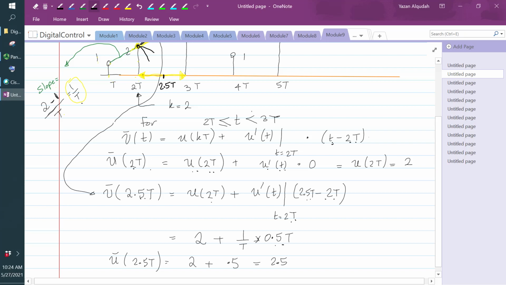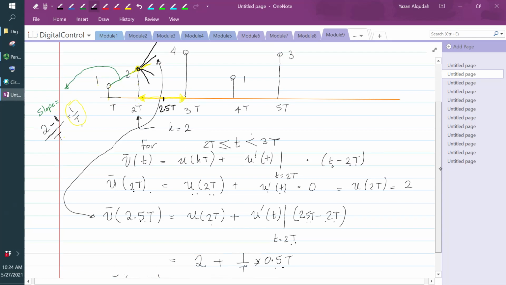So my estimate for u of t, which is u bar of 2.5T, is going to equal u of 2T, which is 2, plus, this simplifies, the T with the 2 is going to cancel, plus 0.5, which is going to give me 2.5.